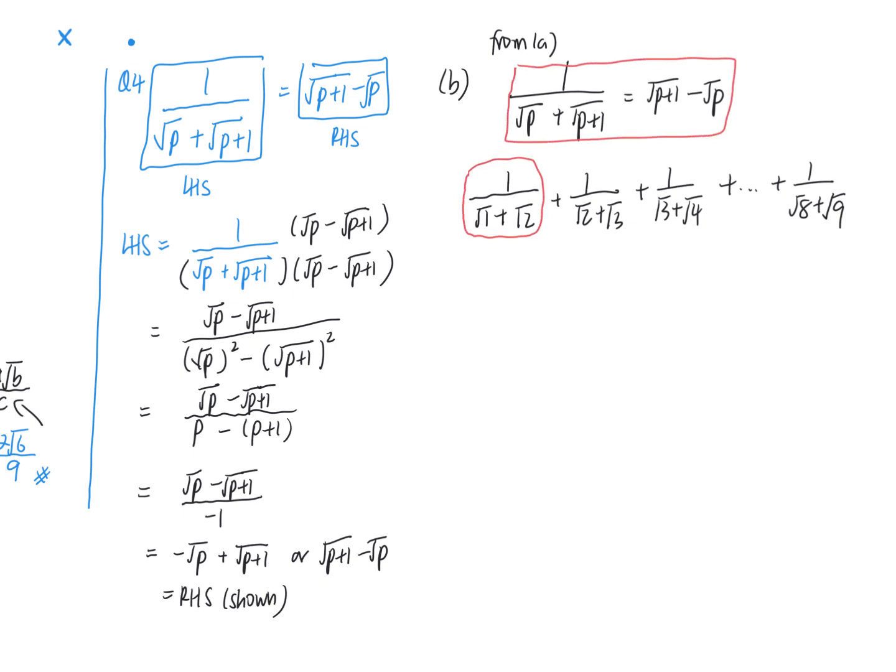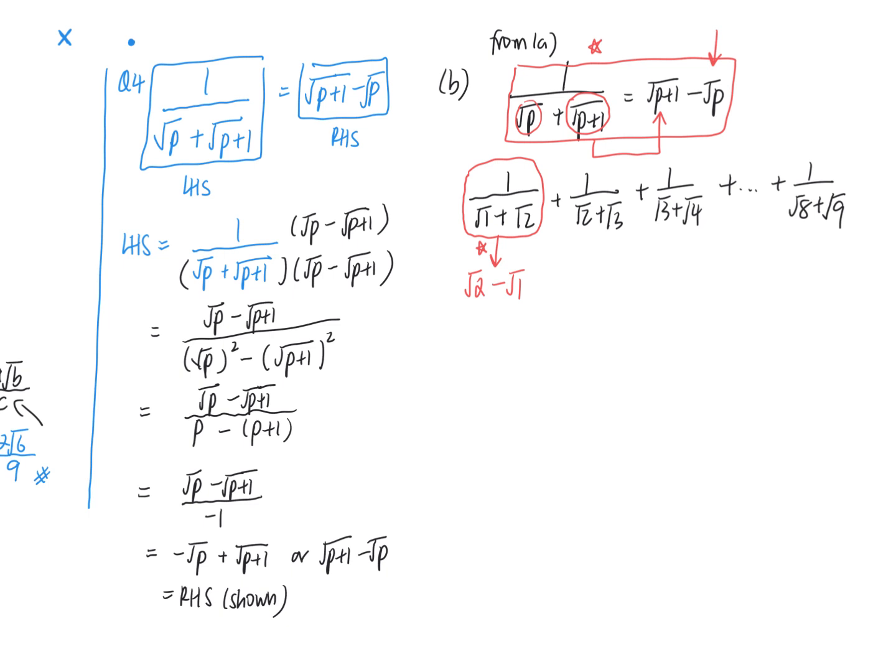So you realize that this becomes the back of the fraction, and this is at the front. So I will tell myself the second term I write first, minus the very first one, for this first expression, if I use this result.